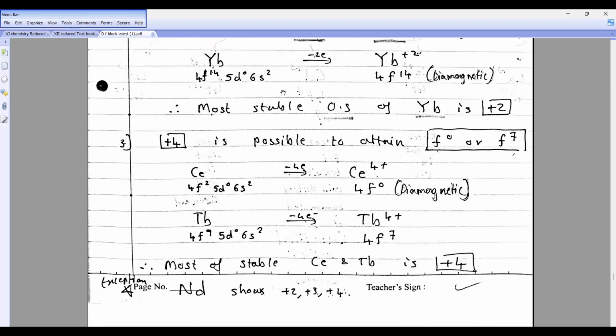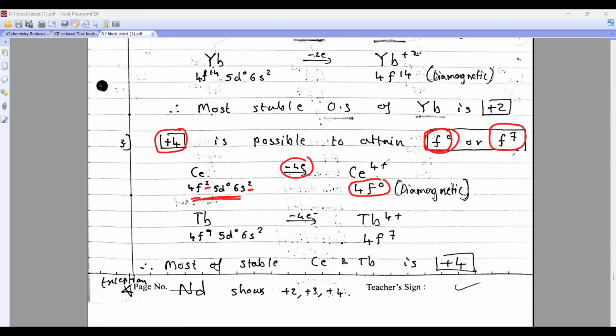What is the best condition for the +4 oxidation state? For +4, what is the condition? f0 and f7. These two only, learn by heart. Cerium, this is the electronic configuration. If it loses 4 electrons, can it become 4f0? Let us see. Two will go from here, two will go from here, so it has become 4f0.